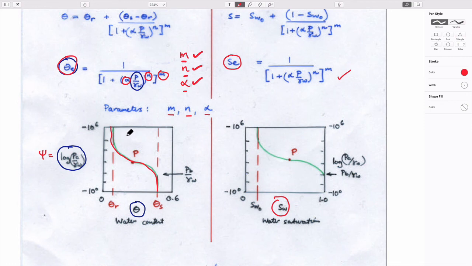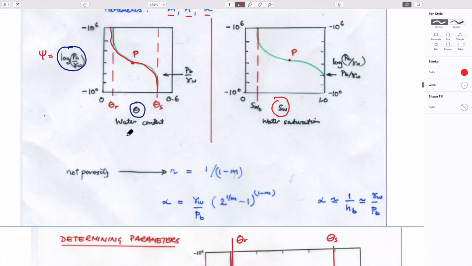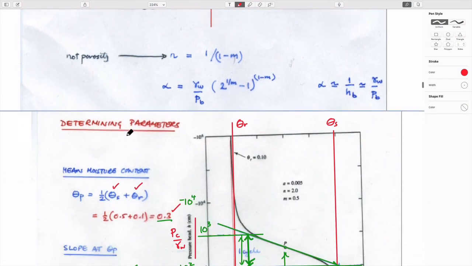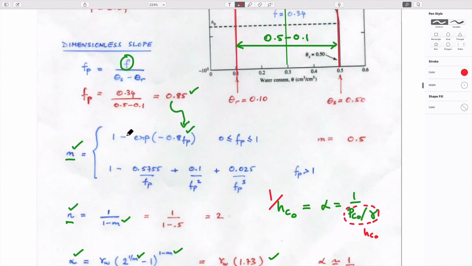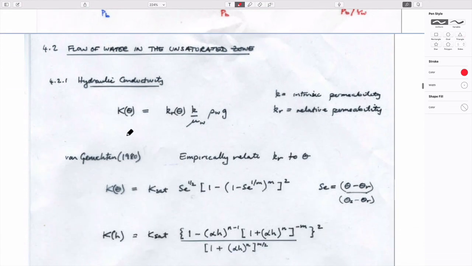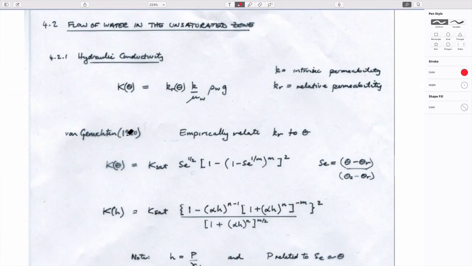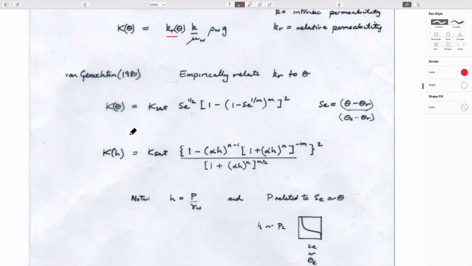But perhaps more importantly, and as we alluded to, we would like to be able to figure out what permeabilities are for these relative permeabilities. And so we can also get the relative permeability that represents these behaviors by looking at this term here, which is just given empirically as this.